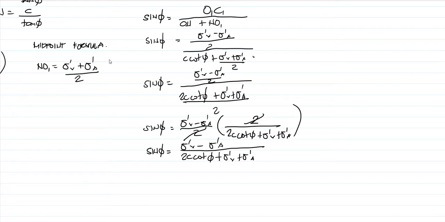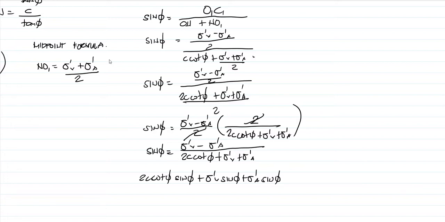So, ngayon, pwede nating i-multiply papunta doon sa sine of phi. So, we could have an equation 2C cotangent ng phi sine phi, tapos siyempre plus sigma prime B sine of phi plus sigma prime A sine of phi. So, lahat sila magkakaroon ng sine of phi kasi dinala natin to doon.